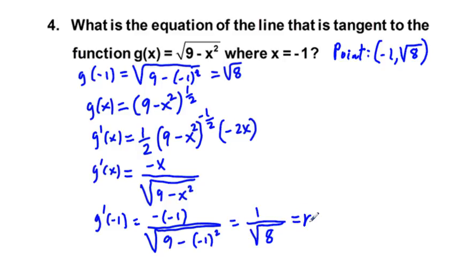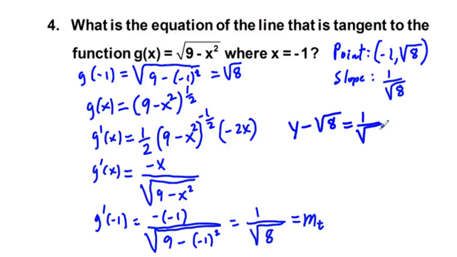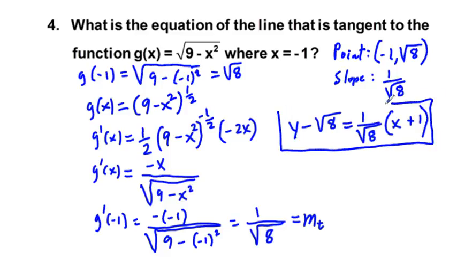And so that's going to be m sub t, our slope: 1 over the square root of 8. So the equation of our line is y minus y1, which is y minus the square root of 8, equal to our slope, 1 over the square root of 8, times x minus negative 1, so that's x plus 1. So that's the equation of our tangent line at this point.